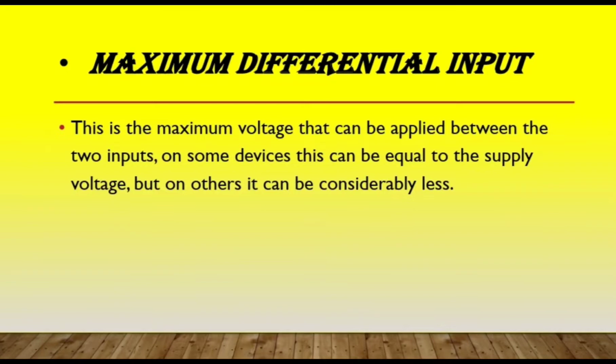Maximum differential input. This is the maximum voltage that can be applied between the two inputs of some devices. This can be equal to the supply voltage, but on others it can be considerably less. These operational amplifiers will generally have internal back-to-back diodes across the inputs.